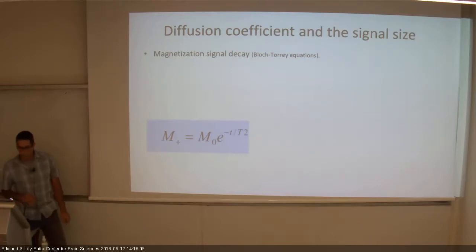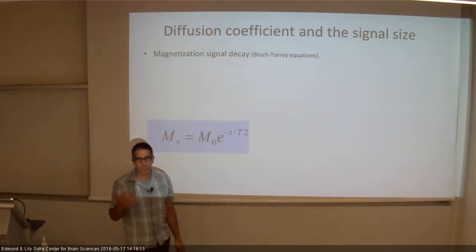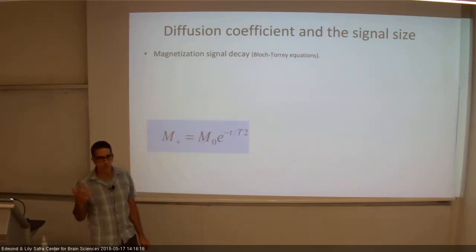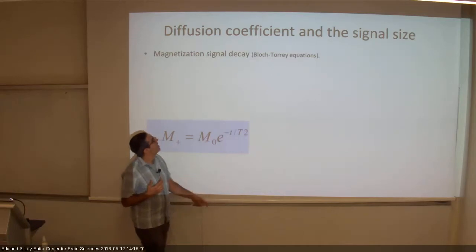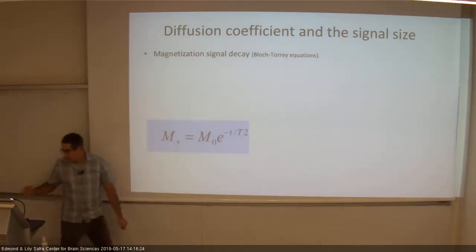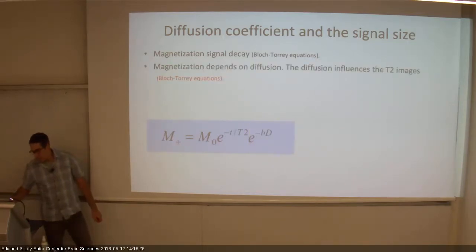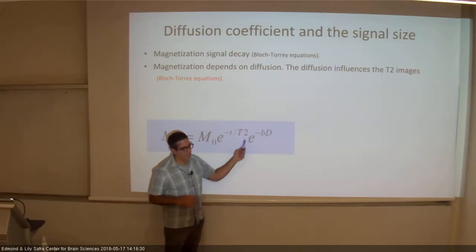Okay. So the typical spin echo equation, if you remember, depended on T2. The magnetization was dependent on T2, and that's coming from the clock equation. To that we now add another phenomenon, another exponent, which is a decay that is a function of diffusion.